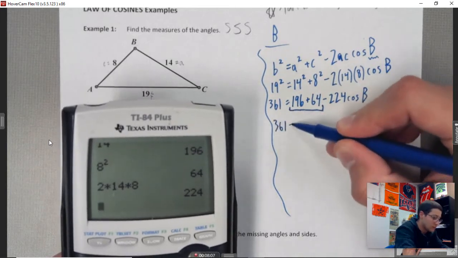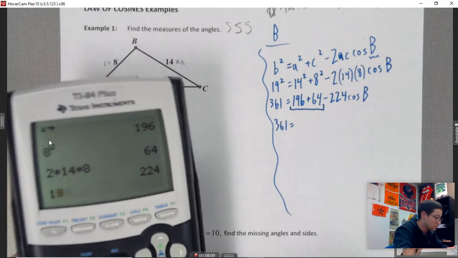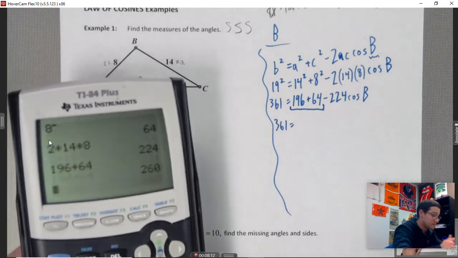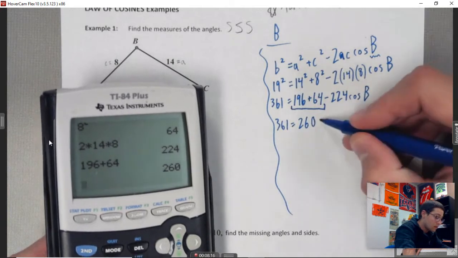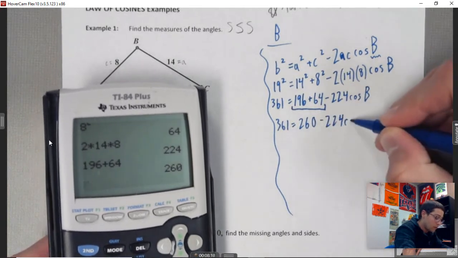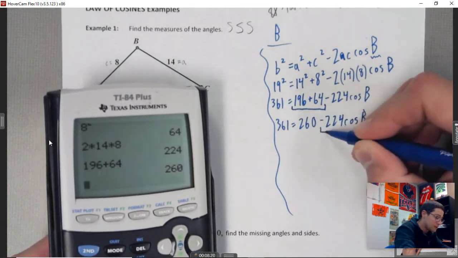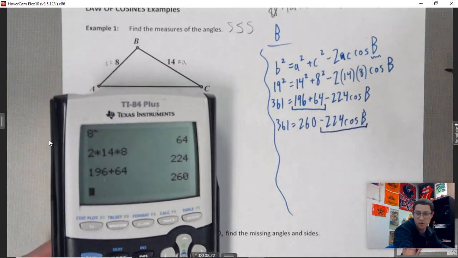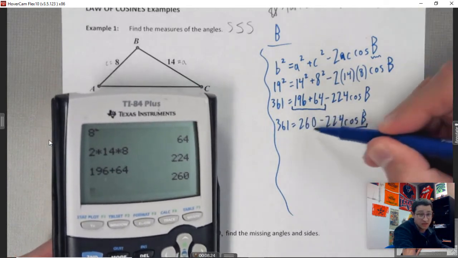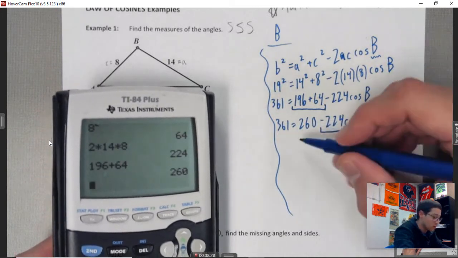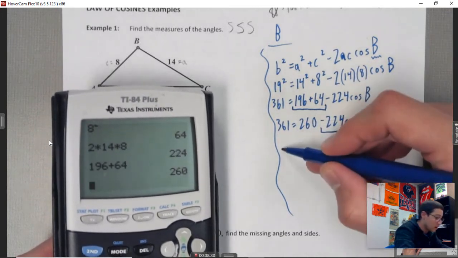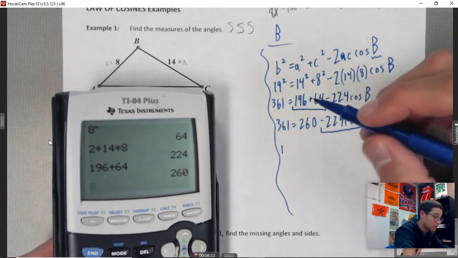So anyways, we got 361, equals 196 plus 64, that's 260, minus 224 cosine of b. Again, don't separate those. All right, we can get this to the other side. We'll just subtract 260 on both. So I'm going to be at 101, right?